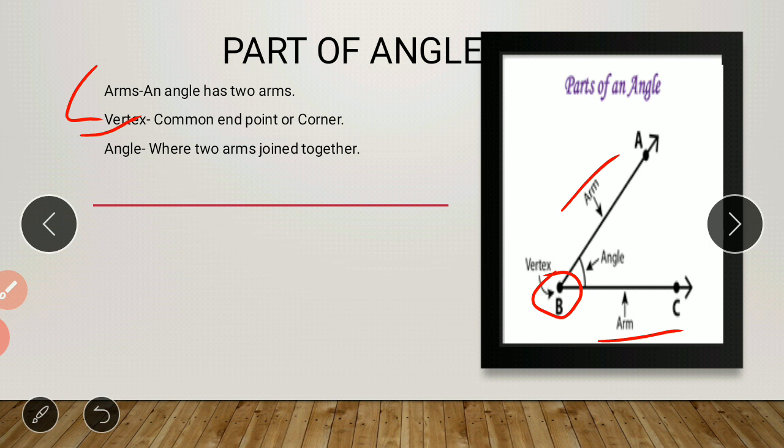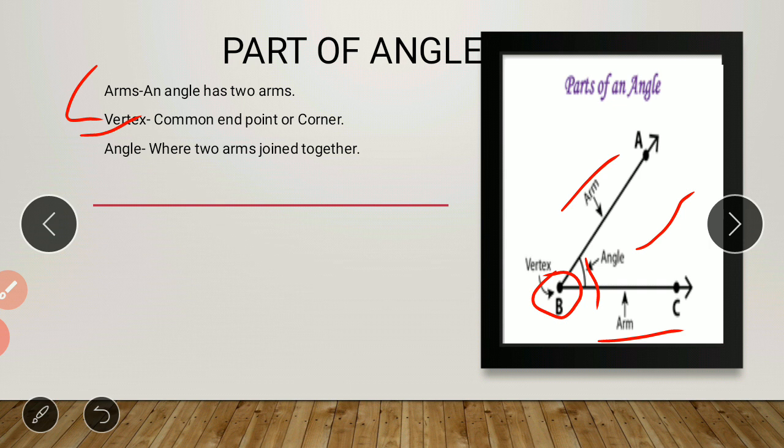यानी ये प्लेस आपको जहाँ पे दिख रहा है vertex, and there these two arms join together, it is called vertex. Then angle, where two arms join together, the inside part is angle, and the outside part is called vertex.